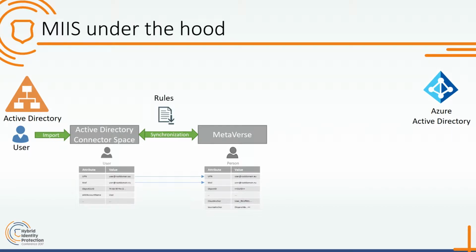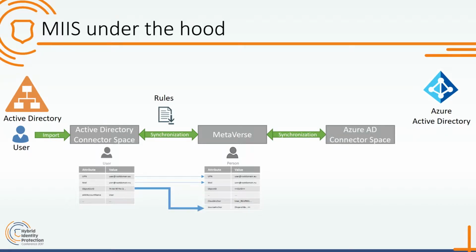So while an object is moving from the connector space into the metaverse during the synchronization, that's when rules apply, right? If a display name in Active Directory is John, in the connector space the display name is going to be John. But then when I move it into the metaverse, through a rule, I can say this is John Smith, because I'm going to add the last name into it as well.